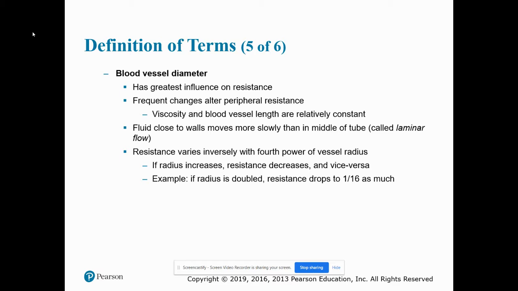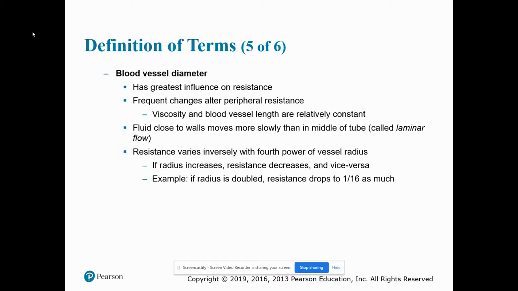Fluid close to the walls is going to move more slowly than in the middle of the tube, and this is called laminar flow. Resistance varies inversely with the fourth power of vessel radius. How complicated does that sound? What this means is, if the vessel radius increases, the resistance is going to decrease. If the lumen of the vessel gets bigger, the resistance goes down.